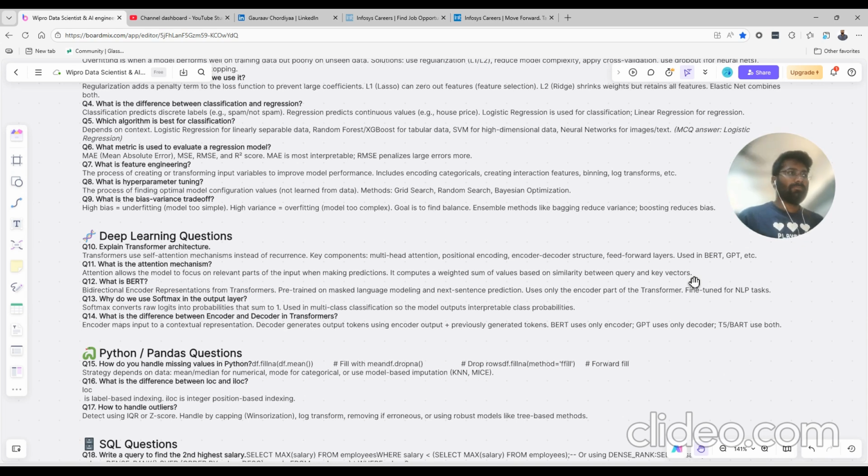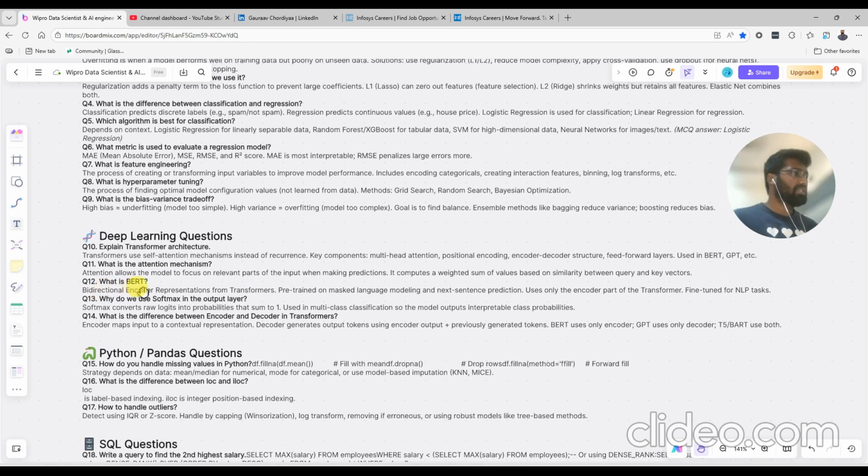For example, the has less meaning, and cat has a high value, then mat has a high value. So these are the words the attention mechanism should focus on while predicting the next word.